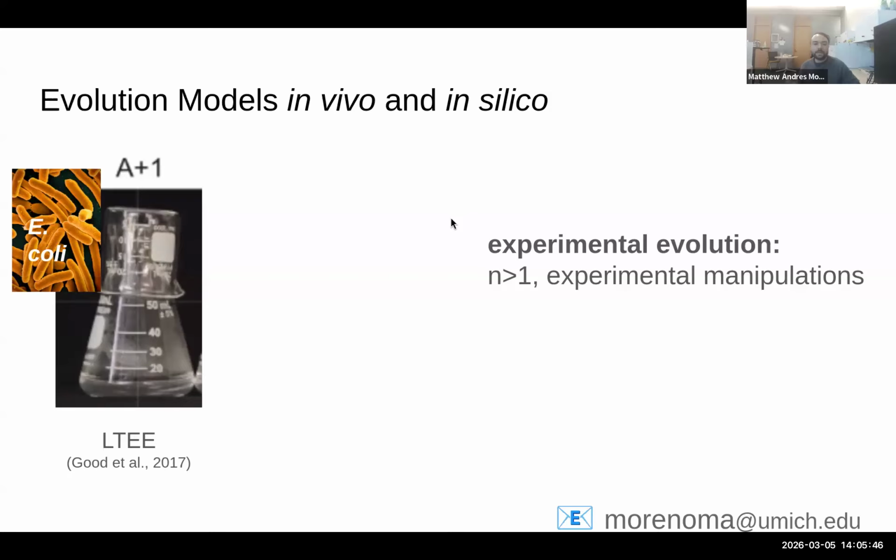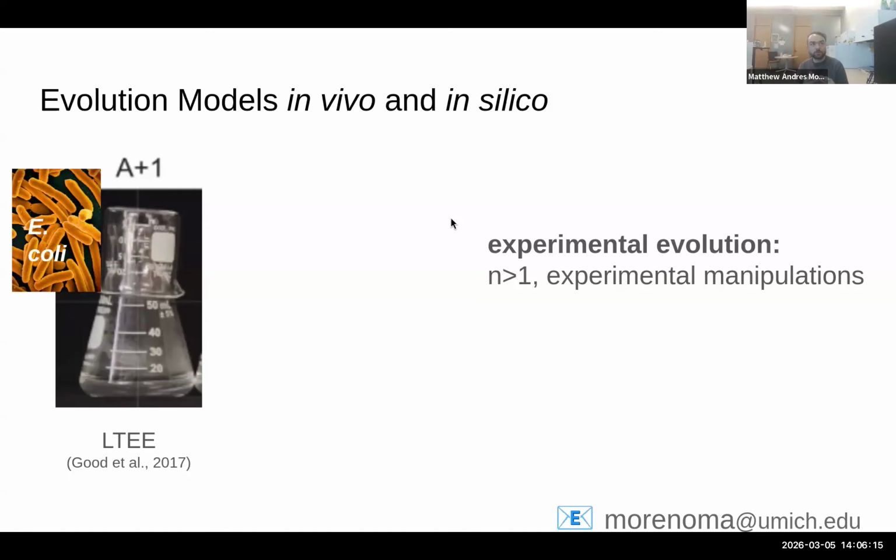One of the most exciting developments in evolutionary biology in recent decades, I think, is the increasing prevalence of experimental approaches to studying evolution. In this paradigm, rather than looking retrospectively at natural history, we create evolving systems under laboratory conditions, typically using a microbe model like E. coli or yeast, and we actually watch them evolve.